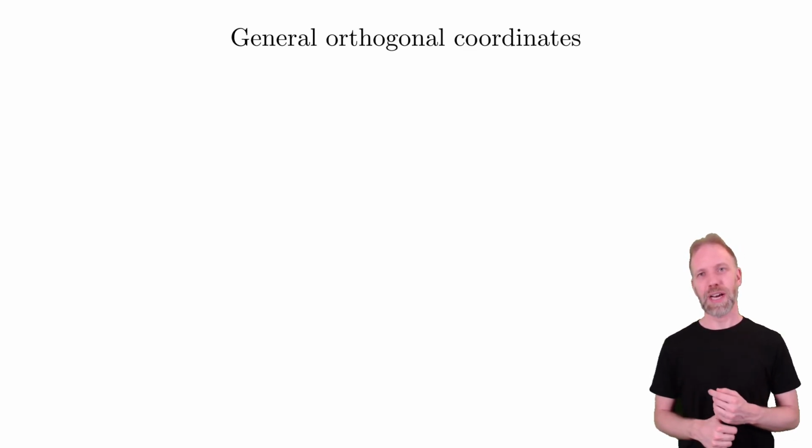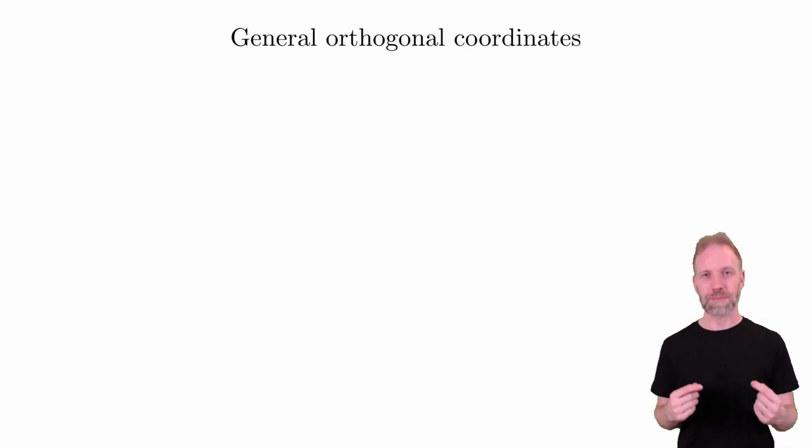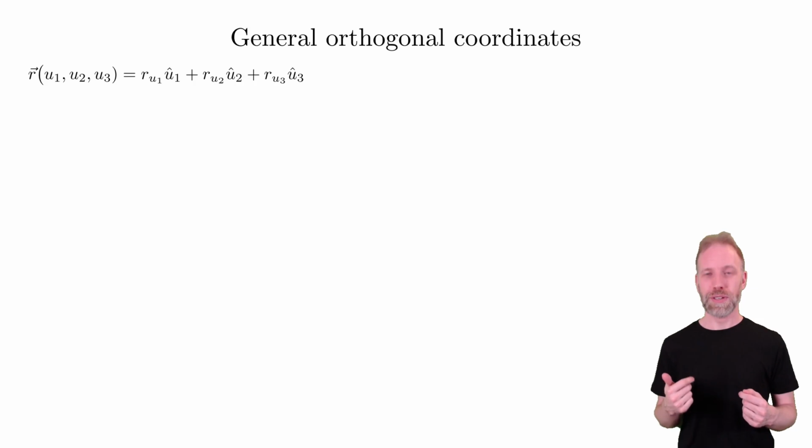Finally, let's do a summary of general orthogonal coordinates as well. We assume that we use coordinates u1, u2 and u3, and the vector is given using the unit vectors u1 hat, u2 hat and u3 hat.